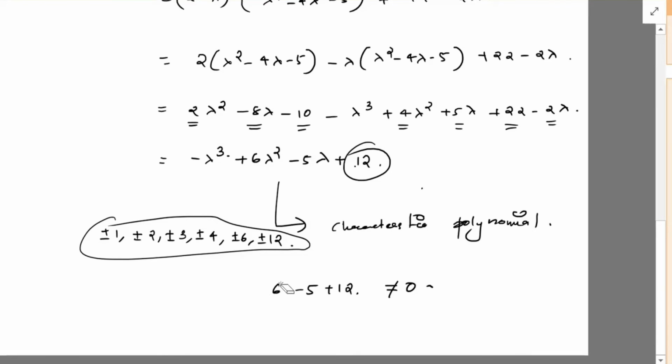Okay. So now substitute minus 1 into the characteristic polynomial. So what will be this? Minus of minus 1 cube plus 6 into minus 1 square minus 5 into minus 1 plus 12. Is it 0? That will be minus 1 plus 6 plus 5 plus 12.